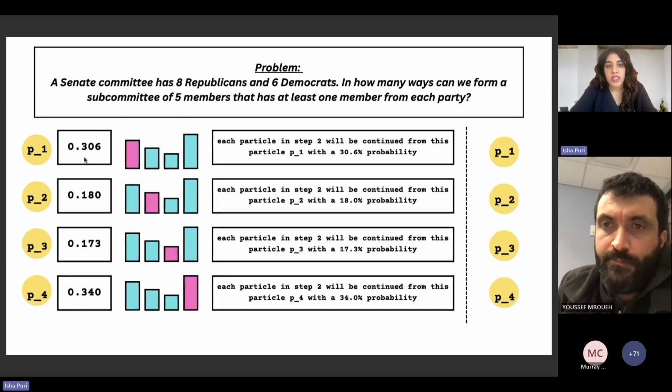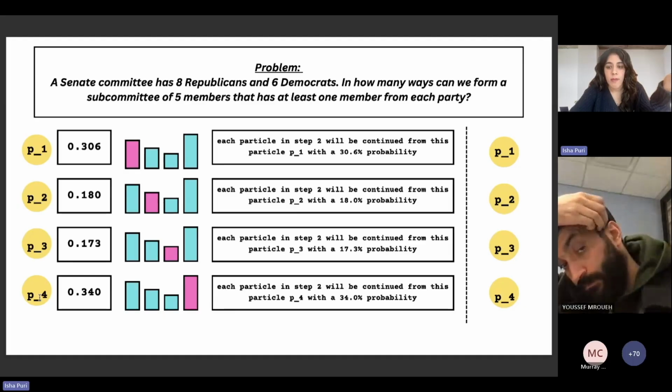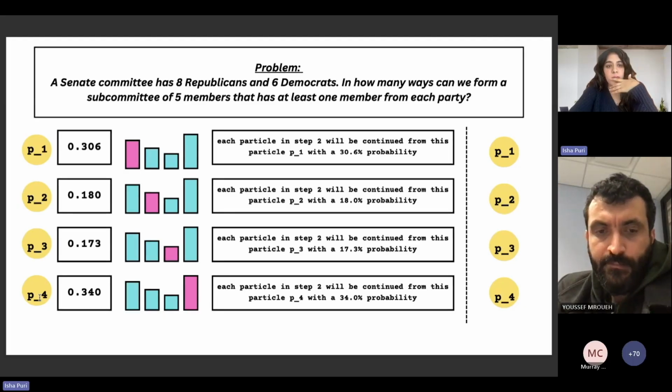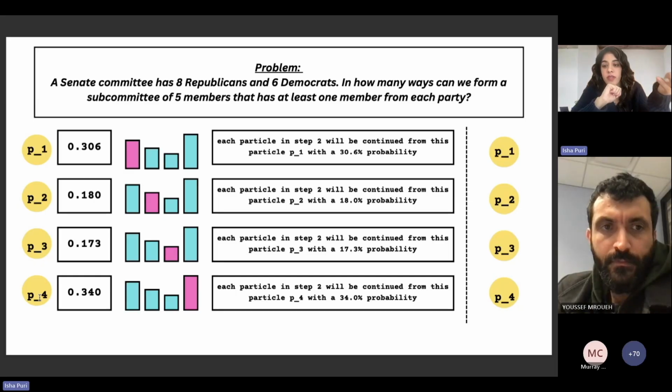So every particle in step 2 has a 30% chance of being continued from this step 1, an 18% chance of being continued from this step 1, 17.3% of this, and 34% probability of this. And you realize the difference here between what beam search or a lot of deterministic methods are doing versus the particle filtering method.